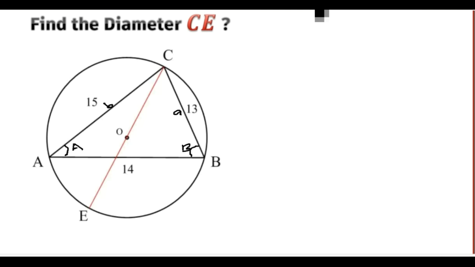Then at vertex C we have angle C, and the opposite side of angle C is the line AB, which we will denote by small c.